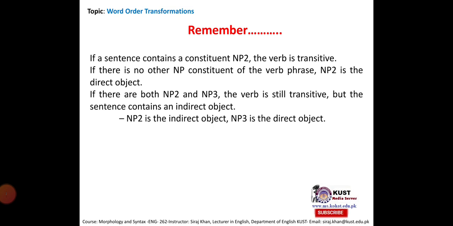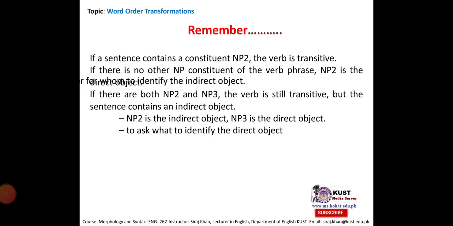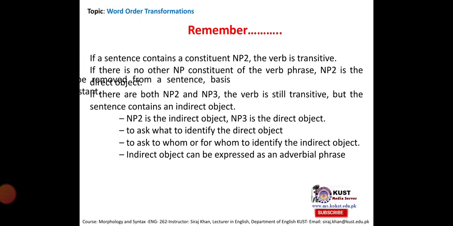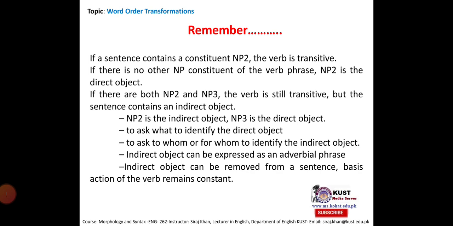NP2 is the indirect object, noun phrase 3 is the direct object. To ask what identifies the direct object; to ask to whom or for whom identifies the indirect object. Indirect object can be removed from a sentence and the basic action of the verb remains constant.